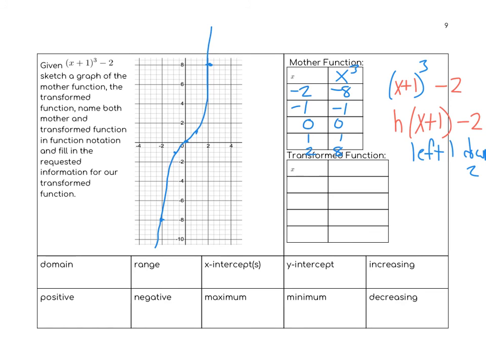And now let's build our transform table. So based on this, we've got left 1 and down 2. Left 1 means that we're going to be at -3, -2, -1, 0, and 1. And then down 2, each of those would be at -10, -3, -2, -1, and 6 respectively.